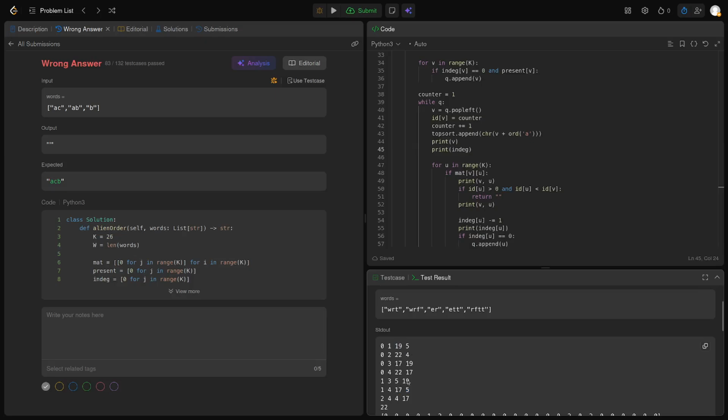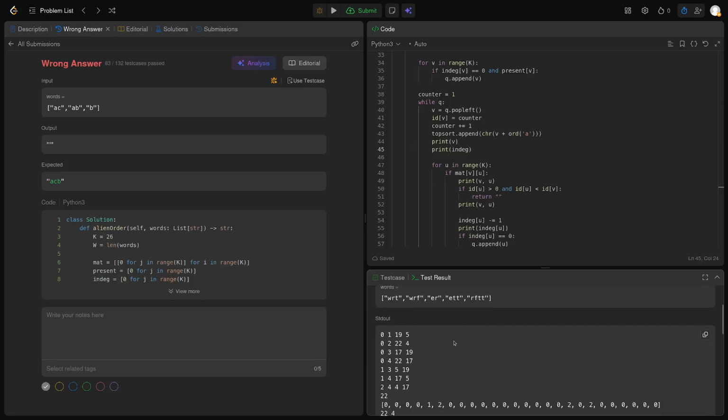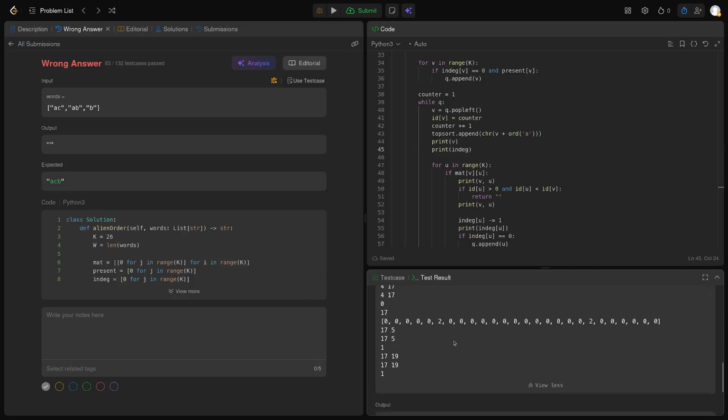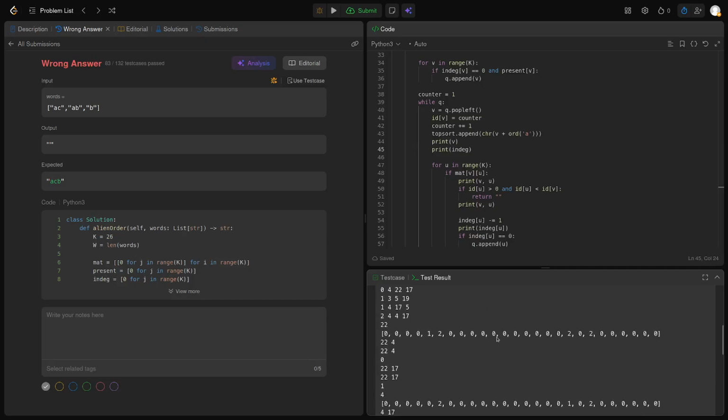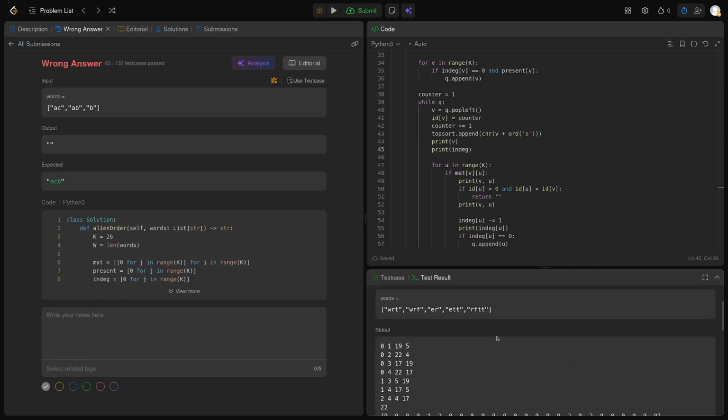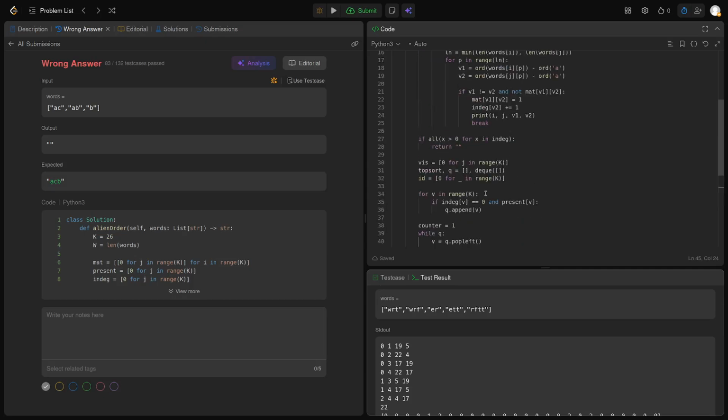Well, 19 and 17, right? So from 19 to 5, there is two things, so to 19, so 17 and 5.